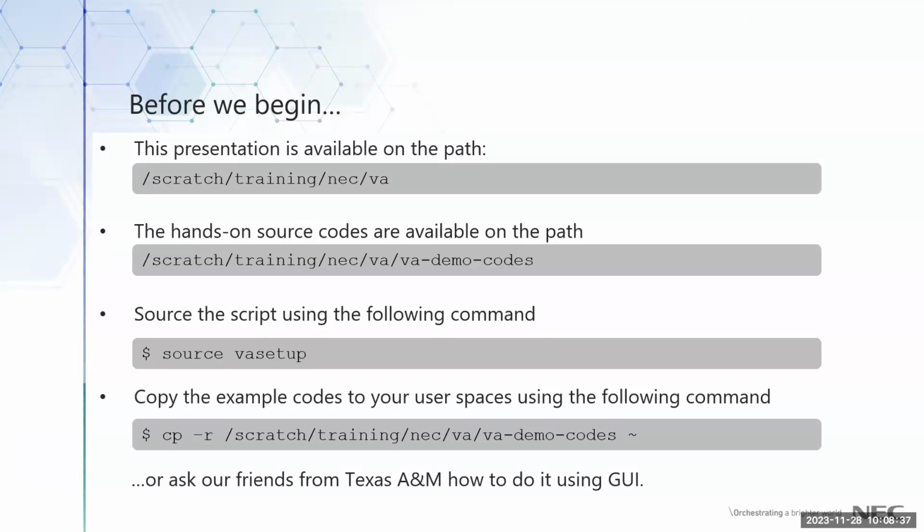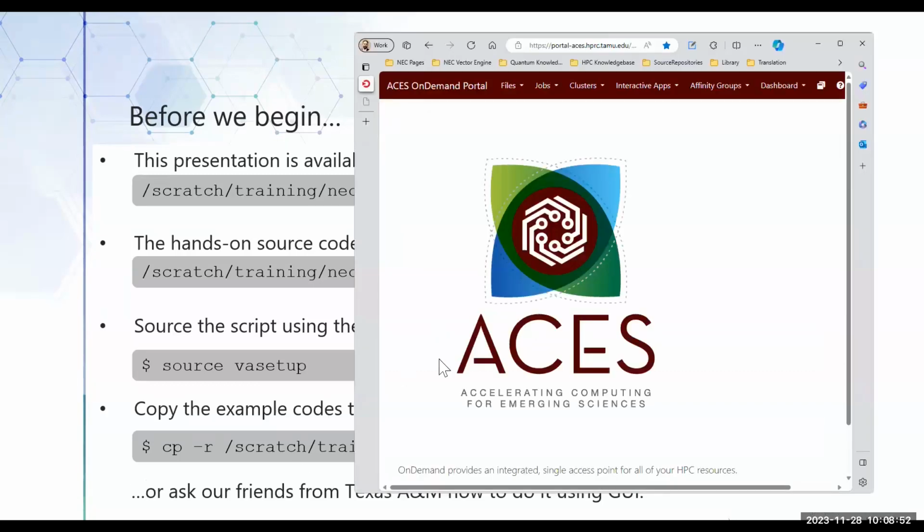So what we can do right now is just log on to our Texas A&M portal. I hope the portal is visible on my screen. Yes, we can see it. Thank you. Okay, so everybody, you have to go to portal-aces.hprc.tamu.edu.